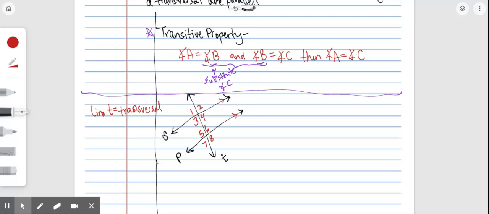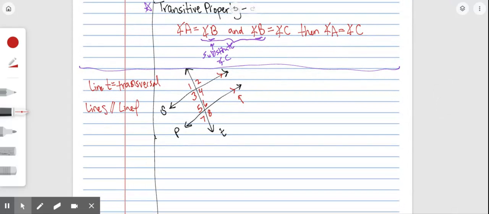And then right here I marked with these arrows that these two lines, line S and line P, are parallel. Okay, so line S and line P are parallel, and line T is the transversal. All right, so then we're going to discuss what happens for corresponding angles and all those other things.